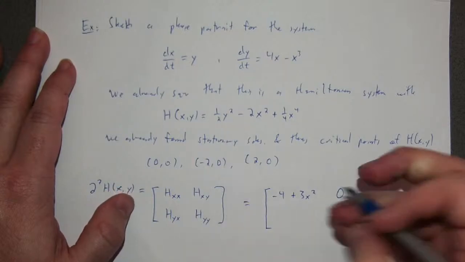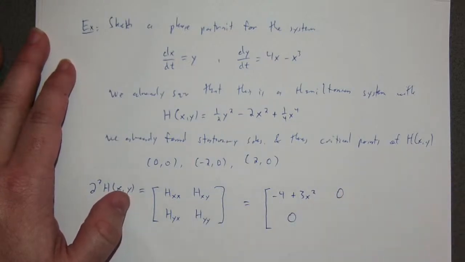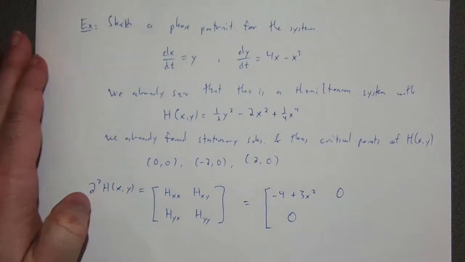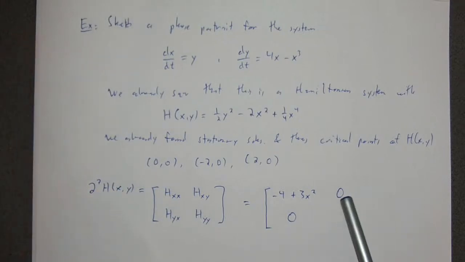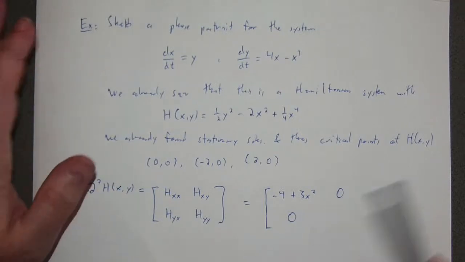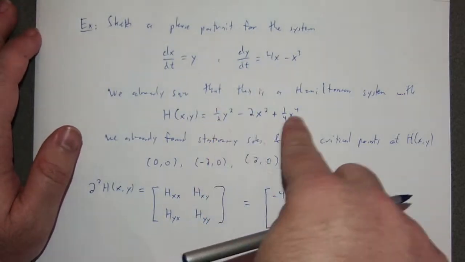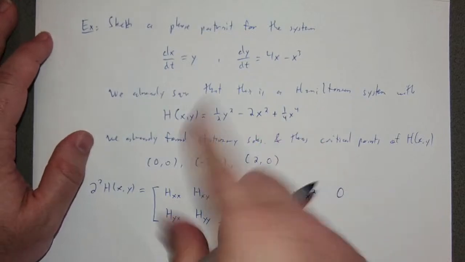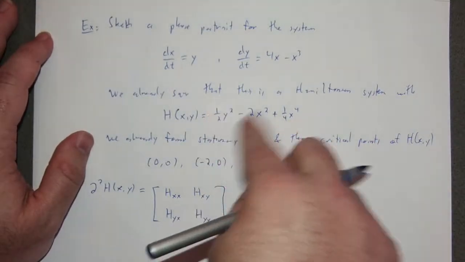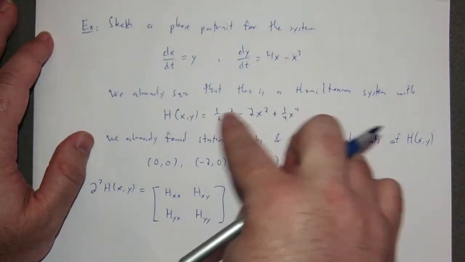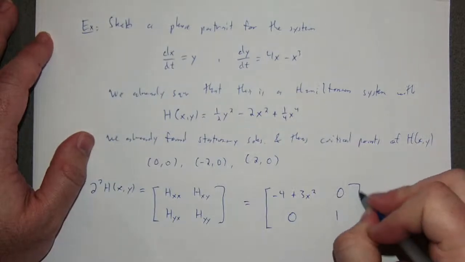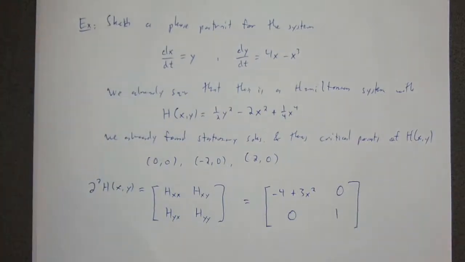Then when I take the x partial, that becomes 0. Of course, I know these should be symmetric; I'm just checking. And then lastly, my double y partial is 1. So there's my Hessian matrix.